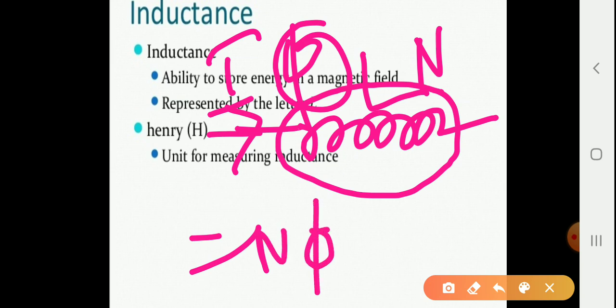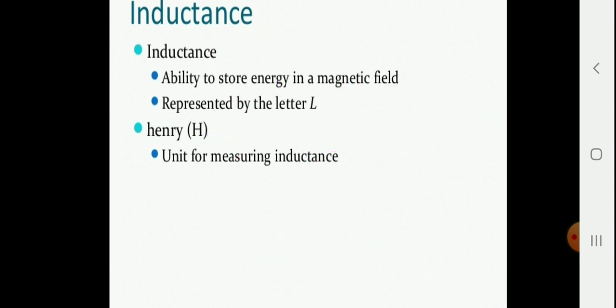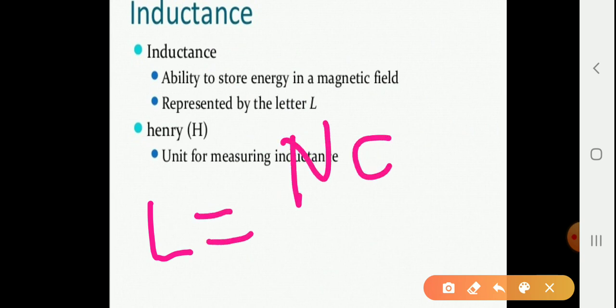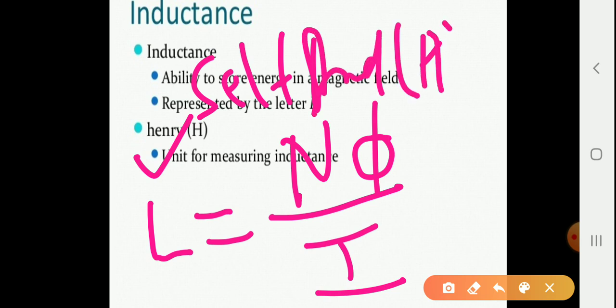The self inductance is defined as the ratio of the total flux linkage to the current which produces it. So inductance L equals N phi upon I. Here L is the self inductance, N is the number of turns, phi is the total flux, and I is the current passing through each turn, in amperes.